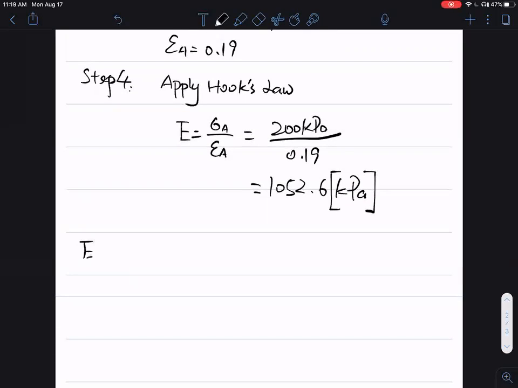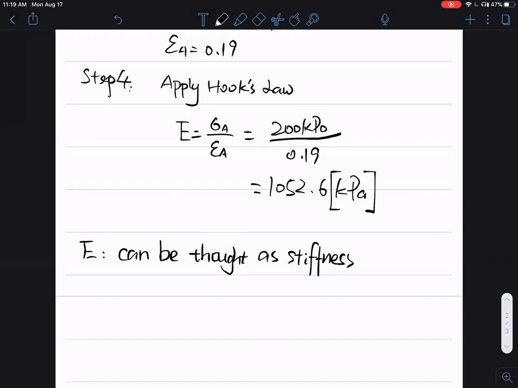So Young's modulus can be thought of as the stiffness of a material. Or you can think of Young's modulus as a material's resistance to elastic deformation.